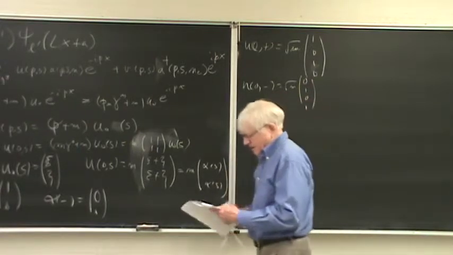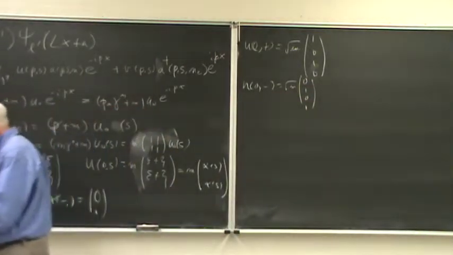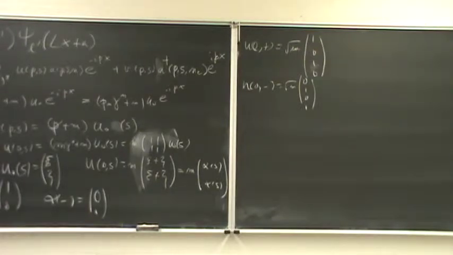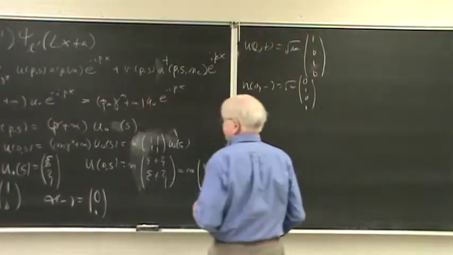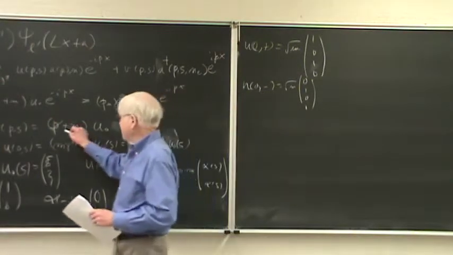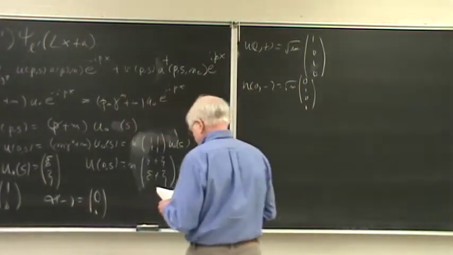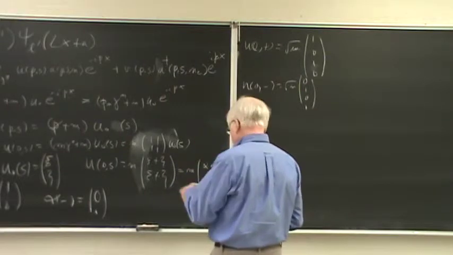Okay. Now, you can then compute what they are for arbitrary p just by multiplying by p slash plus m with the appropriate normalization.